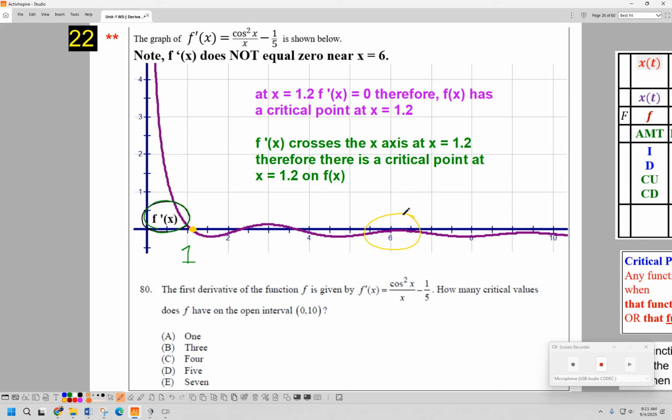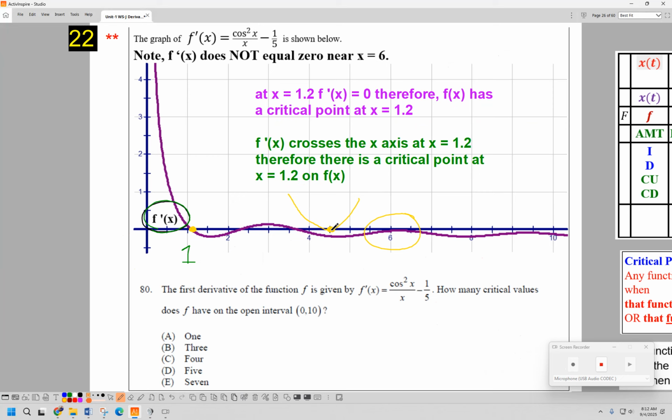But if it did, like the f prime graph came down and just contacted, but then came back, it never crossed. But if at that moment f prime does equal 0, that will indicate a critical point on f. And so that's why I personally don't like the crossing idea, although what you said in green would be valid, for sure.